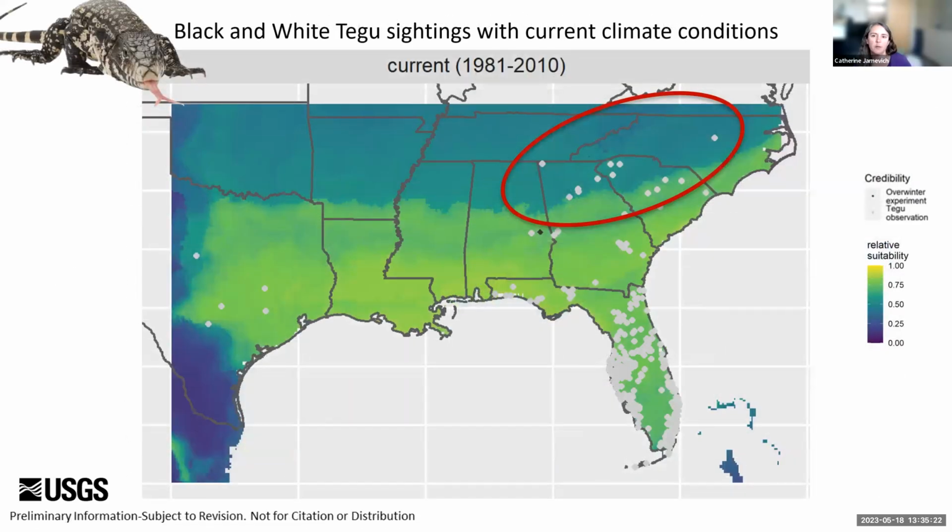And so for the black and white, what I really want to focus in on here is where there are sightings of tegu lizards relative to climatic conditions. These northernmost sightings are in areas that have somewhat lower predicted suitability.